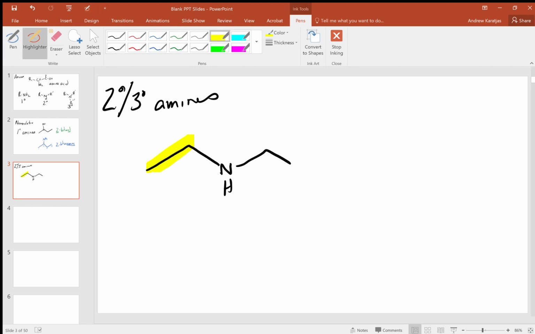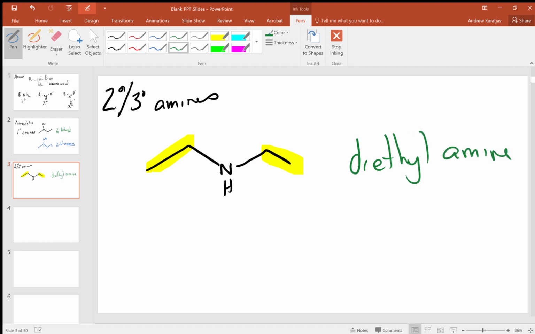On this side we have an ethyl. On this side we have an ethyl. So since there's two ethyls, we would just say diethyl and then amine. And you might recall this is very similar to another functional group. How did we name ethers? When the R groups were relatively simple, we used their common names. This one was diethyl ether.